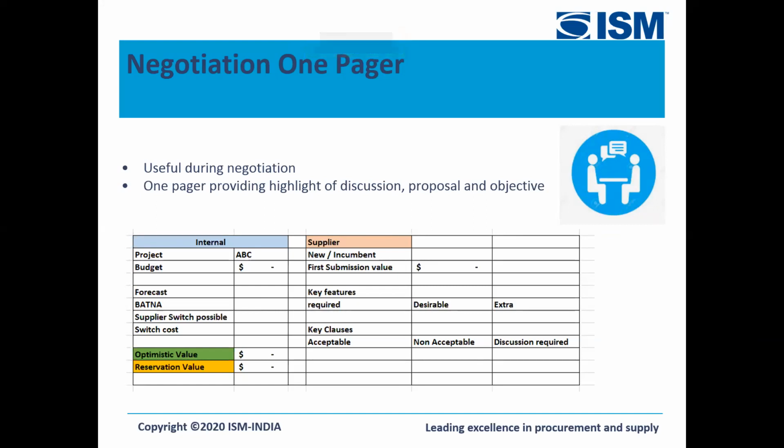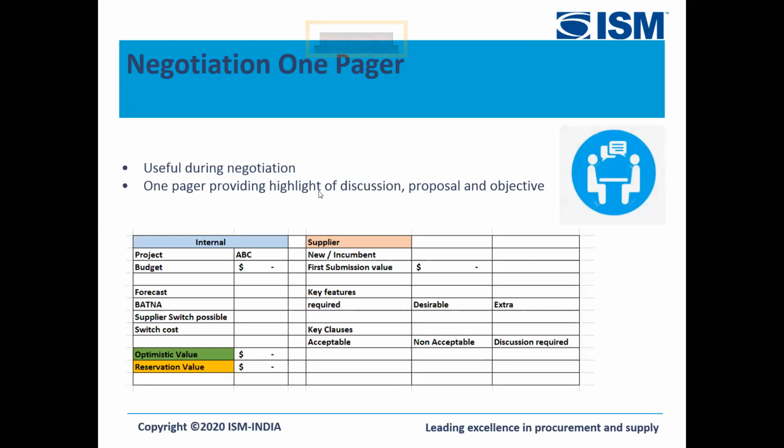If we have a certain one pager with us, rather than flipping pages of papers or switching from documents, one pager which gives us information on what the project size is, what the project scope is, what the internal budget is, what the forecast can be, whether we are working on a supplier which we can switch. What is the optimistic value or reservation value?